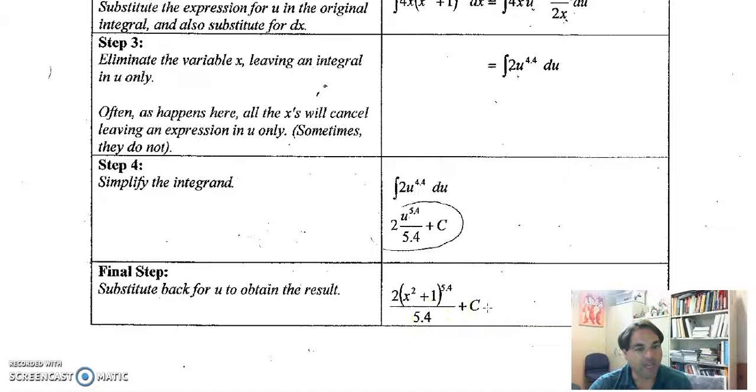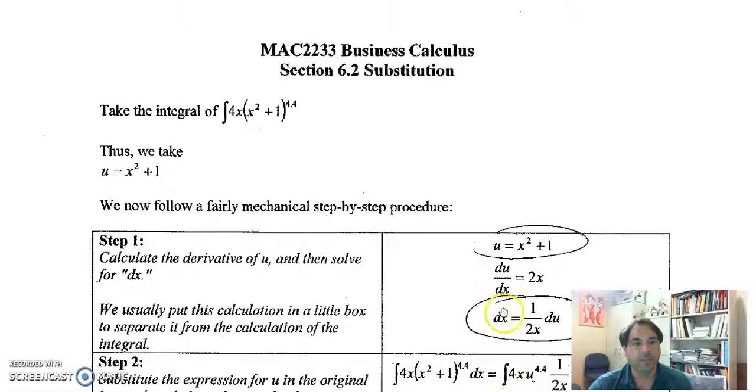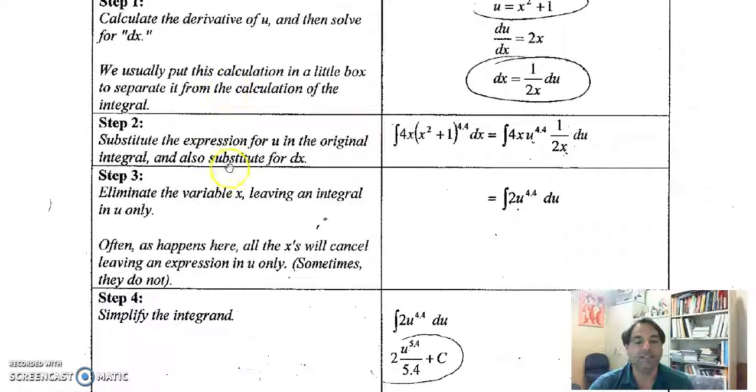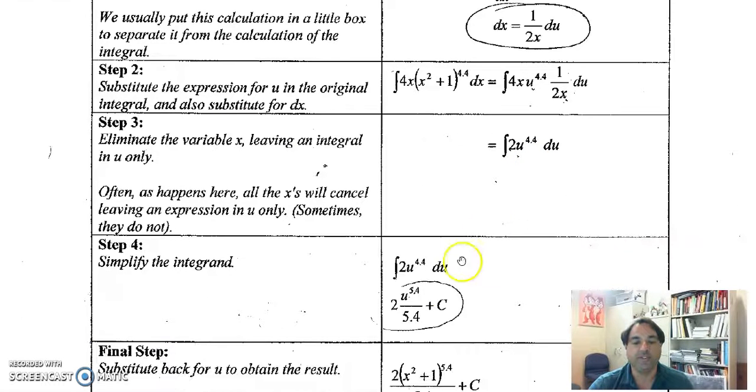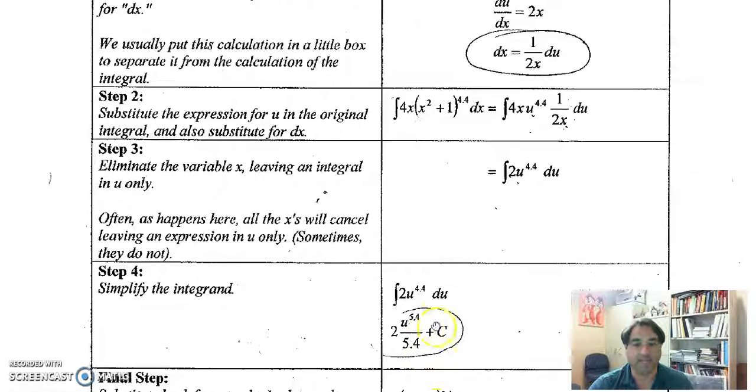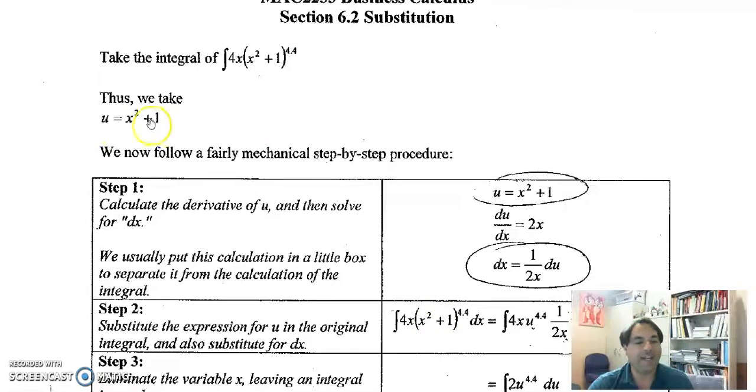That was kind of a lot, but let's review. We had a complicated problem, two things being multiplied, stuff being raised to the 4.4, and then with the right u substitution, x squared plus 1, it became a simpler integral of u to the 4.4 du that I was able to take the integral of and then go back to x. Now, how did I know that u is going to be x squared plus 1?